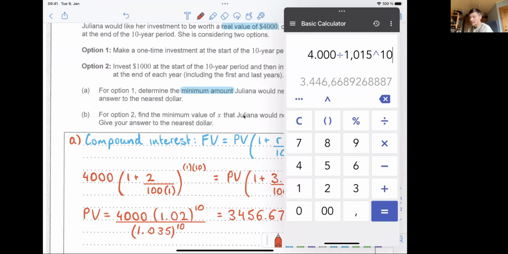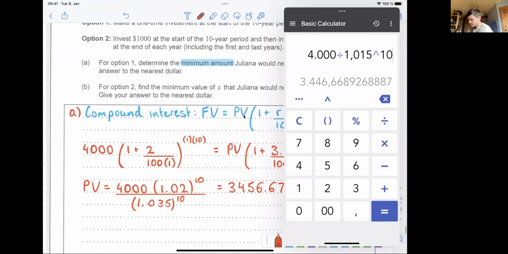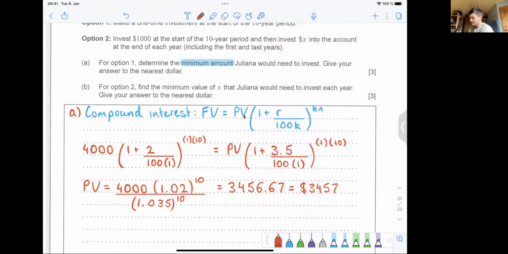So it's very close to being correct, though it is slightly off. But I will say that this is actually an accepted answer as well in the mark scheme. Both of these were accepted. The one that I've done here is more accurate, though that method there is also accepted. All right, but yeah, we're going to stick with this because that is more precise, more correct.